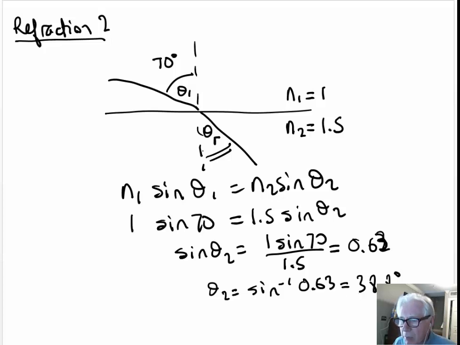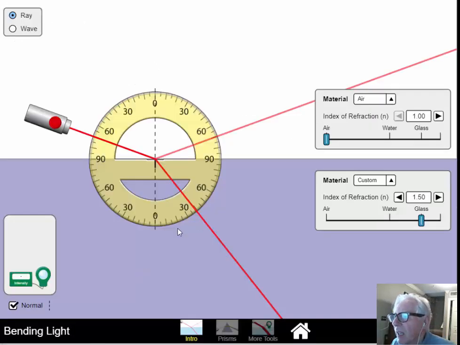Let's go back to our experiment. And yeah, 10, 20, 30, that looks like 38 point something. I can't get it quite as close as that. So this seems to work. Snell's law seems to work for this simulation. Not surprising, I'm sure the simulation is based on Snell's law.